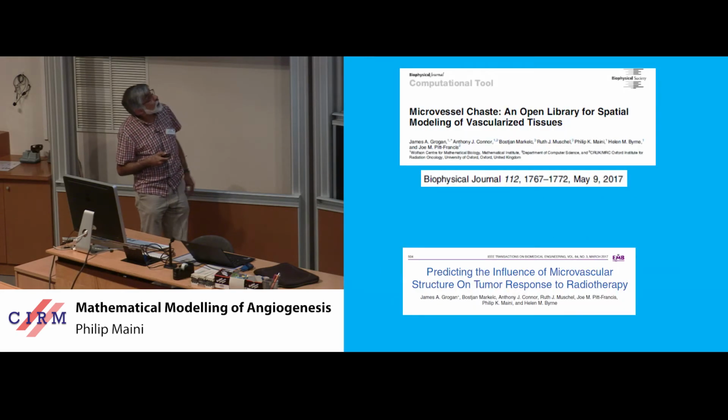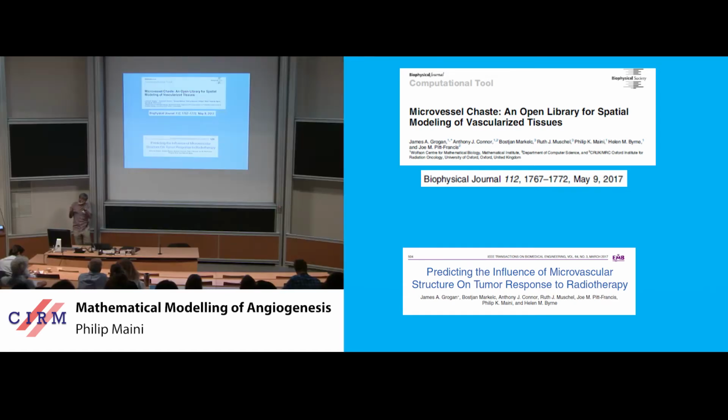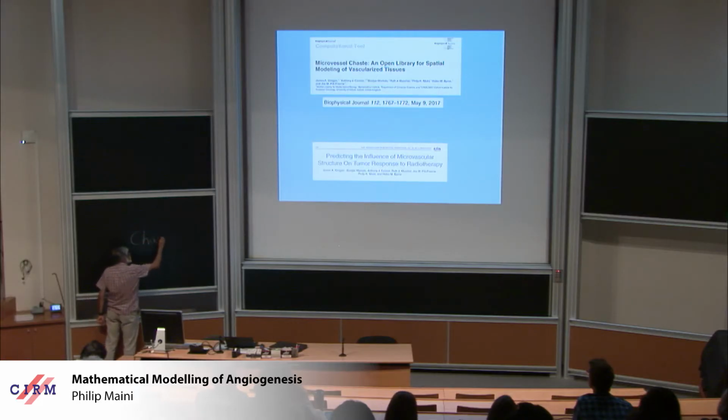The last thing I want to point out is that in these models, there's no blood flow. But with our computer people, we've made something called CHASTE, which is software developed by my computational colleagues, which stands for cancer, heart, and soft tissue environment.